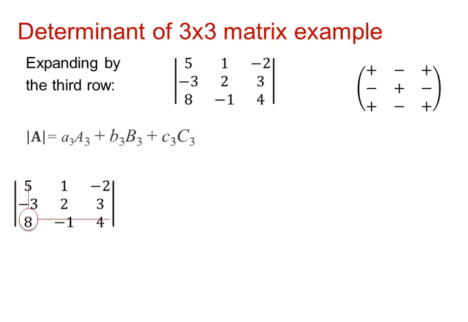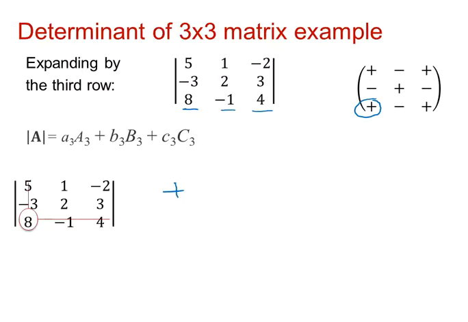If we expand by the third row, in other words the 8, the minus 1 and the 4, then the formula we would use would be det A equals a3 A3 plus b3 B3 plus c3 C3. So let's start off with the 8. As you can see, the first column and third row are eliminated, and we would have a positive sign.